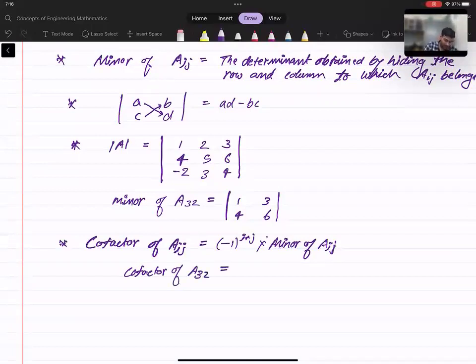This will be minus 1 raised to power i plus j, which is 3 plus 2, into the minor of A32. And here minus 1 raised to power 5 is nothing but minus 1. So simply let us write this as negative of the determinant 1, 3, 4 and 6. This gives us the cofactor.